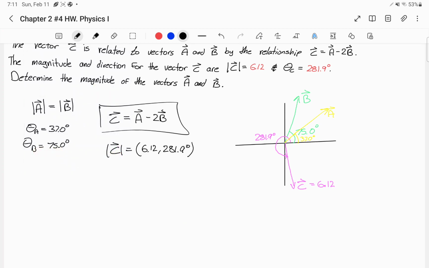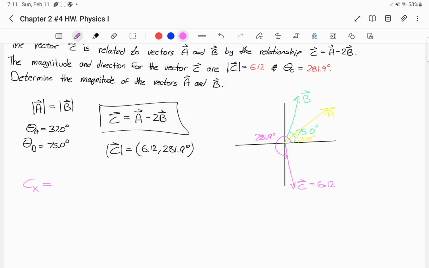So now that we have our vectors drawn out, we're going to use all of the x components of each of our vectors, and those x components are related by the relationship that we have right here. Let's start off with the pink vector.